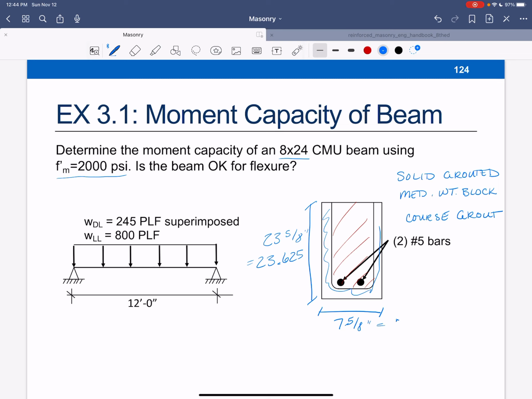Down here, 7.625 inches. So I just subtracted off 3/8 for the grout line, basically, on each side. So a total subtract off of 3/8 inch, based on how they're called out in nominal dimensions. All right, so let's go ahead and start working through this one.